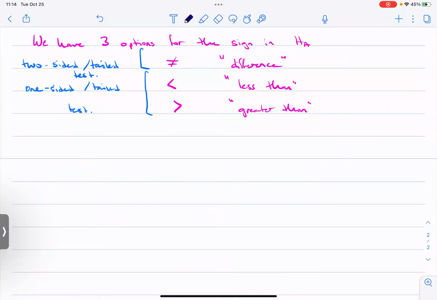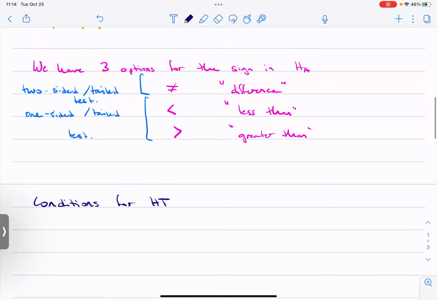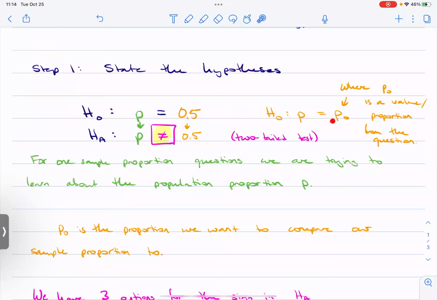So conditions for hypothesis testing are now going to use P naught, because we do all our hypothesis testing assuming that the null hypothesis is true, and the null hypothesis says that P is equal to P naught in general. So I'm going to assume that P is equal to 0.5, and that's how I'm going to check my conditions.